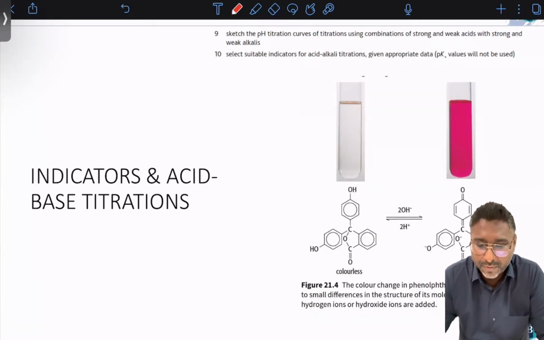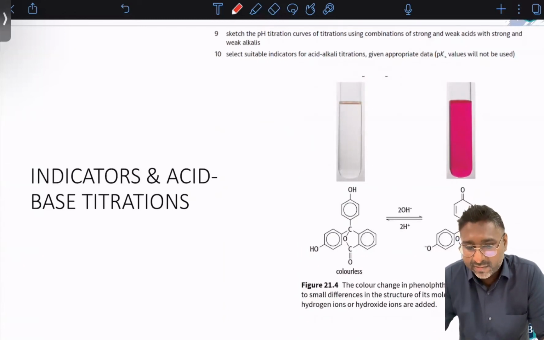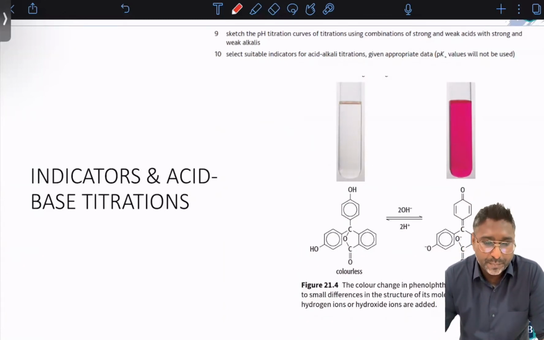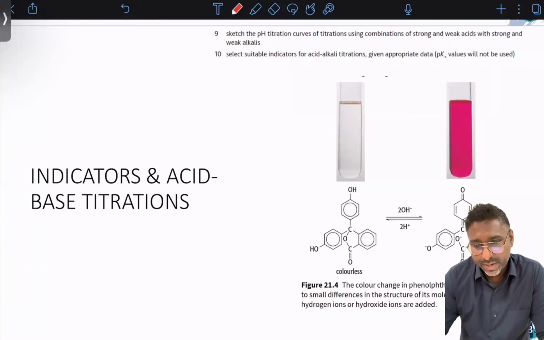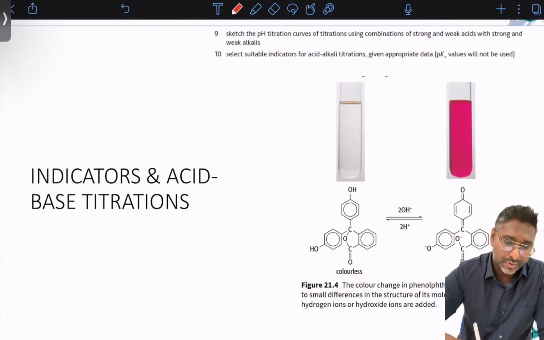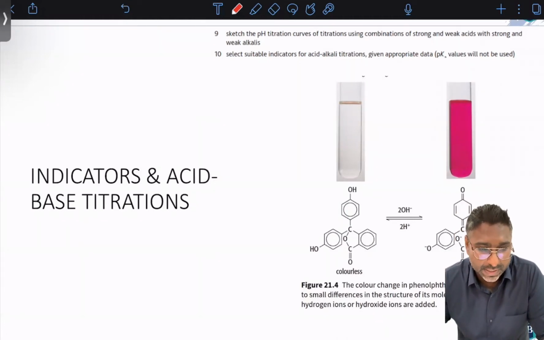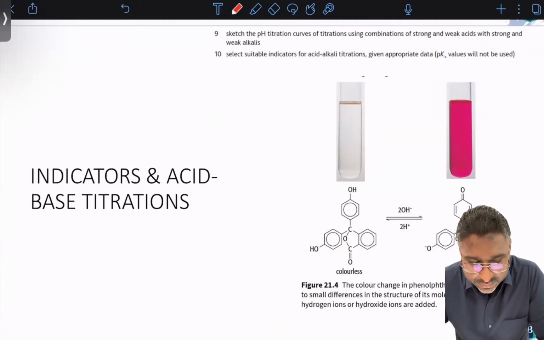A big portion of this we will learn in JC2, but according to the new syllabus, they have brought it back from JC2 to JC1. So what you are learning now used to be learned in JC2. This is called the pH graph.